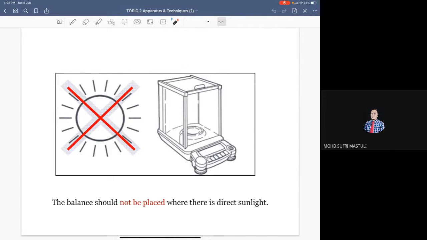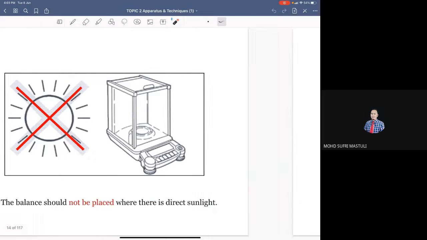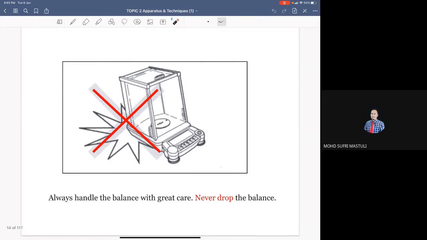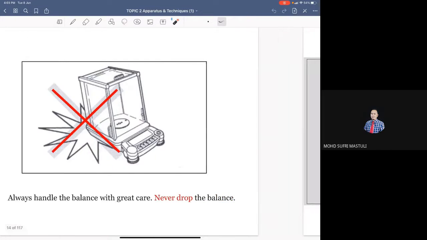The balance also should not be placed directly under the sunlight. Always handle the balance with great care. Never drop the balance.